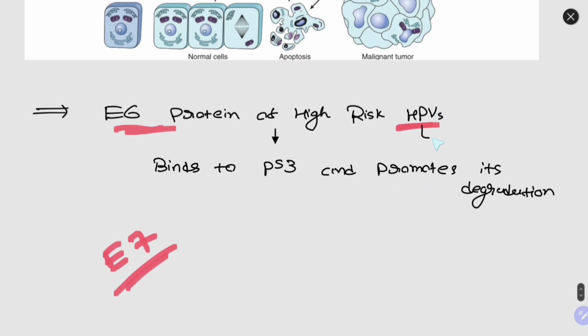Guys, this HPV stands for human papilloma virus. Sorry, I forgot to mention it earlier. So as P53 would not be there, there would be no arrest in the cell cycle, and it will cause neoplastic growth of any cell.